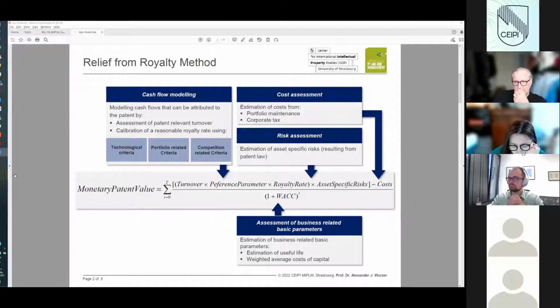The turnover will be the income that the company earns by using that IP, and you multiply that with the royalty rate, and also factors such as the reference parameters, which will include legal criteria like the enforceability of the patent or the validity, the geographical coverage, etc. And also competition related criteria like whether there are any substitute products around.